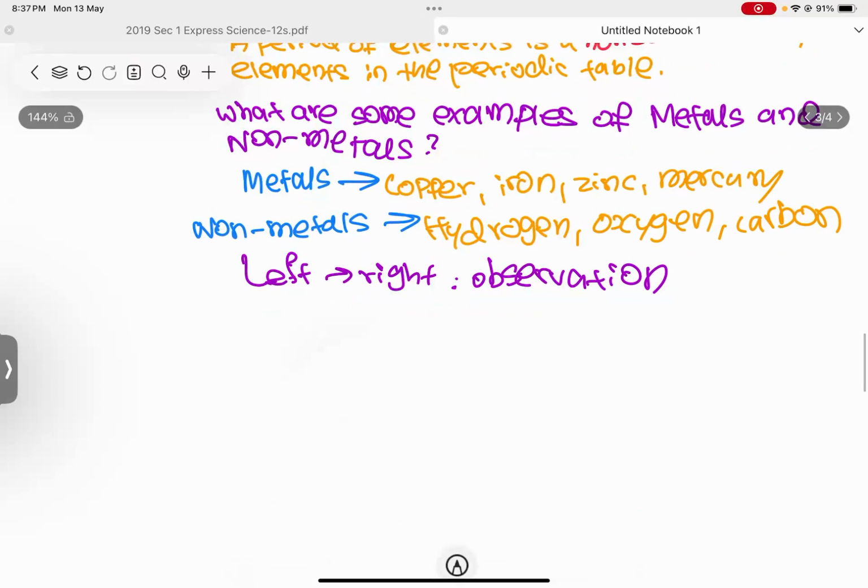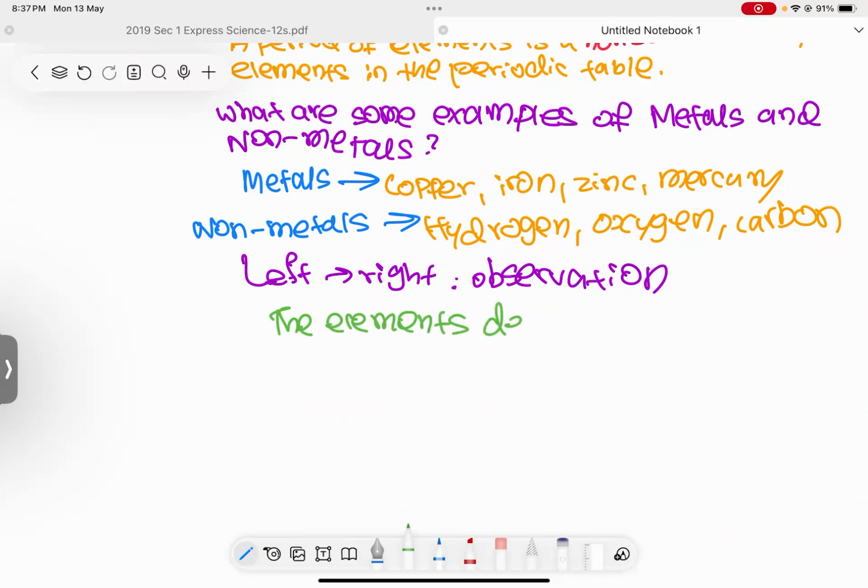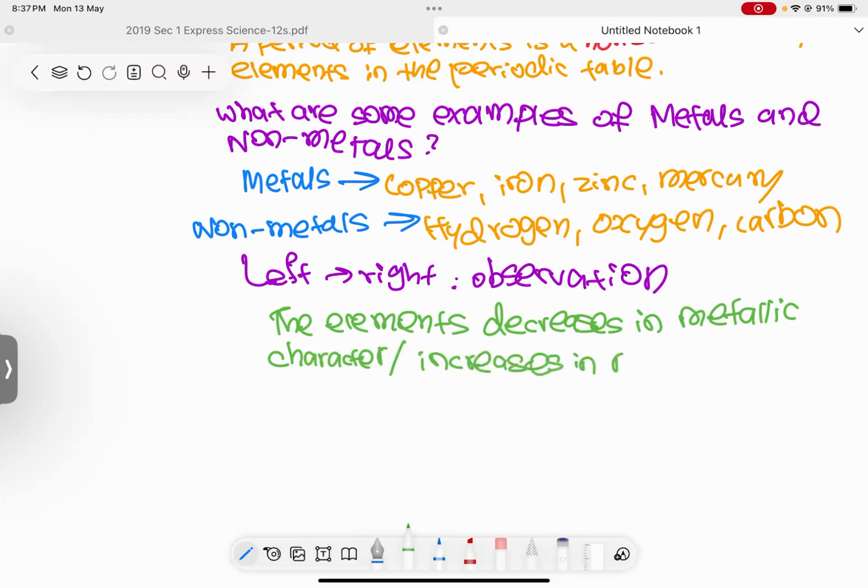The element decreases in metallic character, or increases in non-metallic character. Okay, so yep, that is the observation which you make.